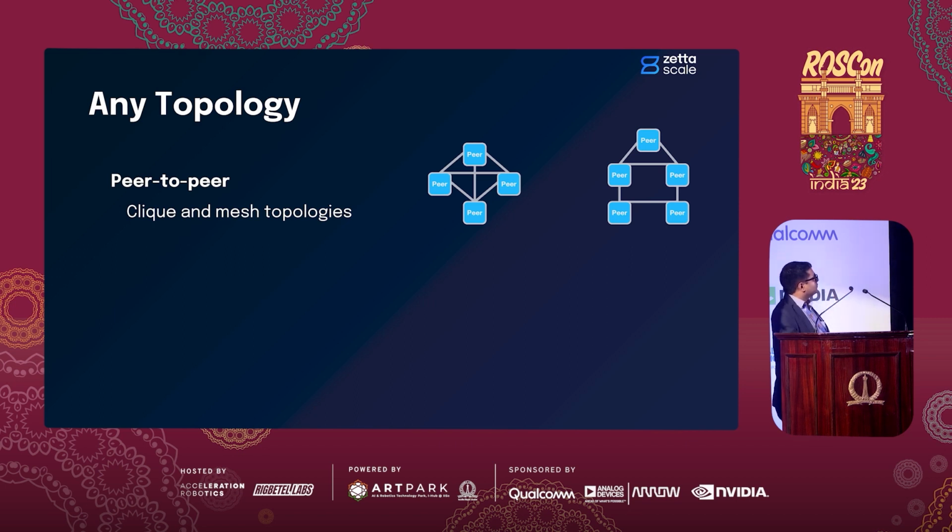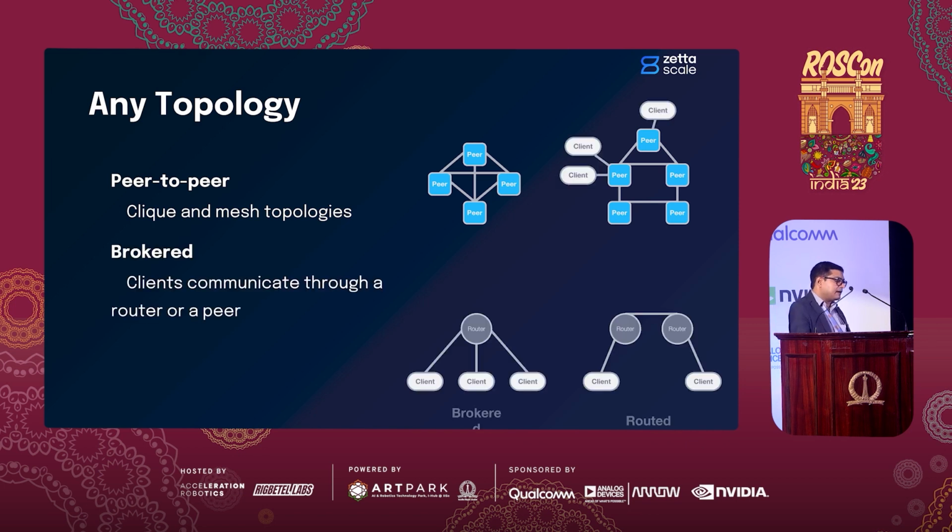For the topology, you can run Zenoh on any topology. You can run peer-to-peer, in a clique where all the peers are directly connected to each other, and you can use a mesh topology, where your peers are indirectly connected to each other.